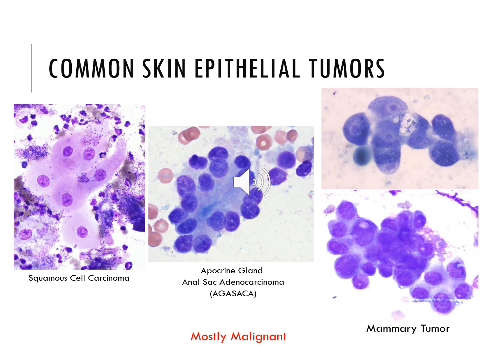This middle image here is an example of apocrine gland anal sac adenocarcinoma, or AGASACA. And so this is an example of a neuroendocrine-like carcinoma. And so these are one of the examples where its criteria of malignancy does not match how aggressive it behaves.